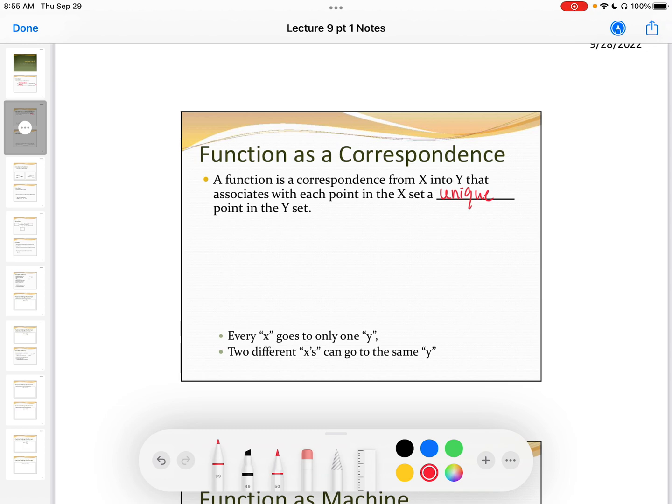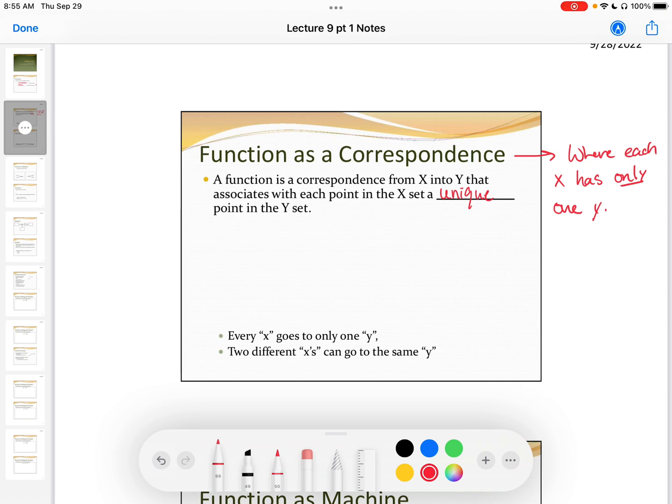In simpler terms, you could say that a correspondence is where each x has only one y.